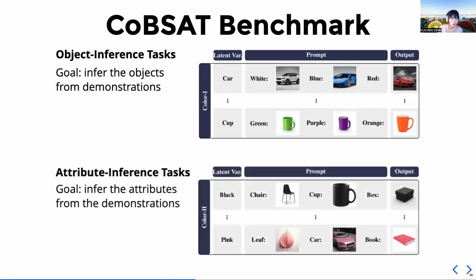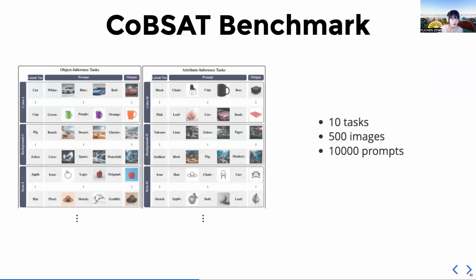But we can do the reverse: we directly provide the object as the text instruction and use the attribute, like color or style, as the latent variable. Then the task of the MLLM becomes inferring the attributes from the demonstrations. With these 2 types of tasks, object inference and attribute inference, each with 5 different themes, we have 10 tasks in total.